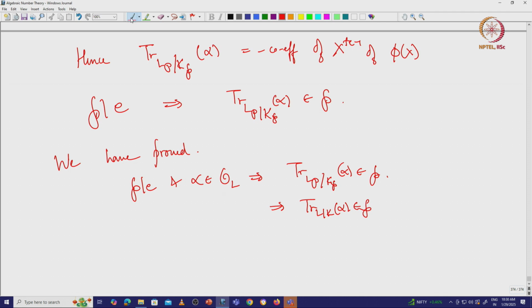Now this thing is an if and only if statement. So what we want is P to the e divides this if and only if p divides e. Okay, so let's say p divides e.